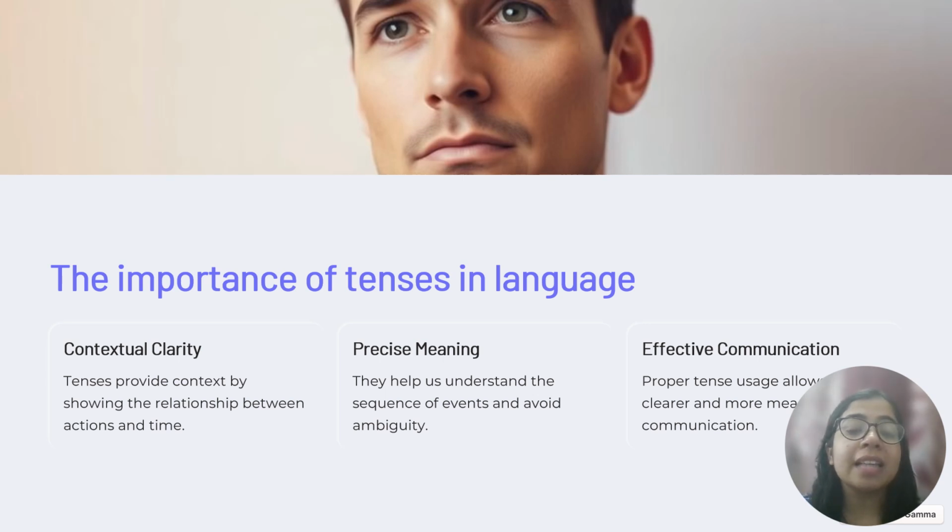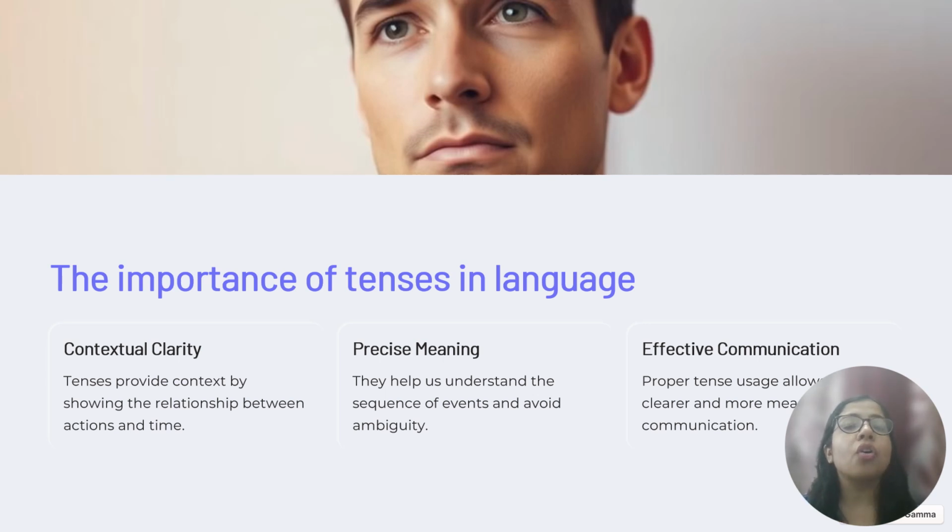Then it is important for precise meaning. Tenses help us understand the sequence of events and avoid ambiguity. Suppose you are watching a film, and the film starts from the birth of a boy, then the boy grows up, then he marries, then he gets a job. All these events are happening sequence-wise.